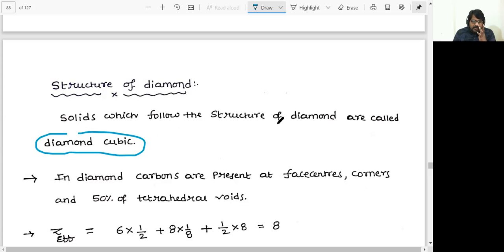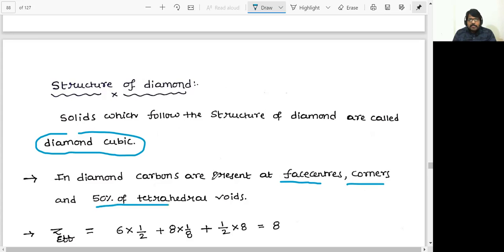Very clear, diamond is a crystalline allotrope of carbon and it is made up of carbons. And what is the location of carbons? The most important thing here in diamond, carbons are present at the face centers, corners, and 50% of tetrahedral voids.